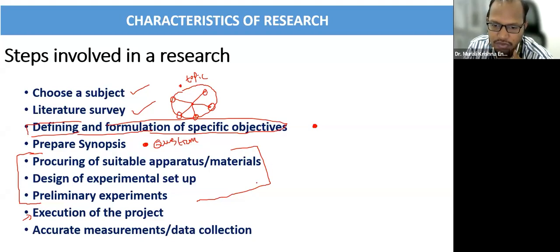In the sciences, you can see some experimental setup and preliminary experiments, and even some materials you can gather to identify and solve the question. You can get data collection and accurate measurements. So these are the characteristics. It's not a specific process that we need to apply.